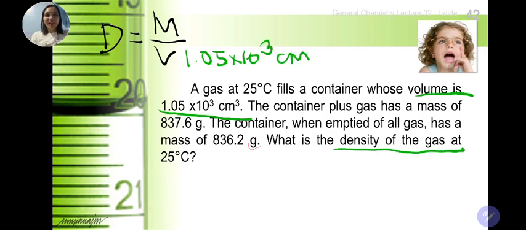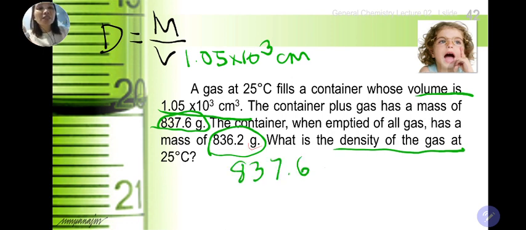Now, we need to find the mass because we have two given weights. First, we're given the mass of the container containing gas, 837.6 grams.